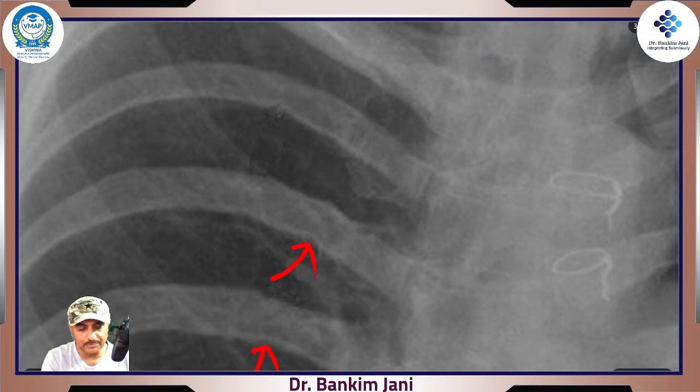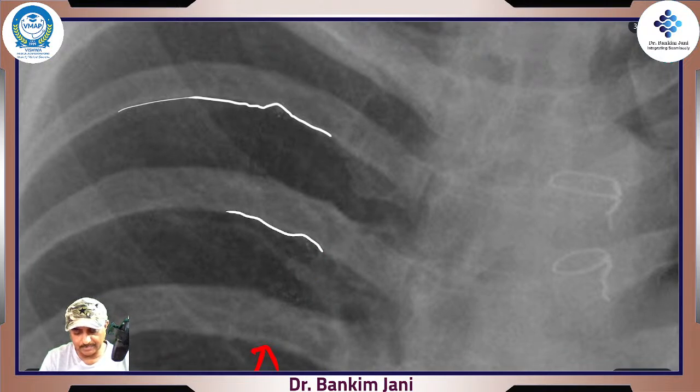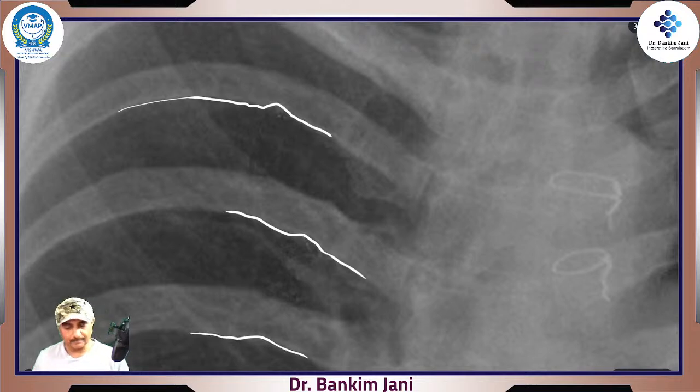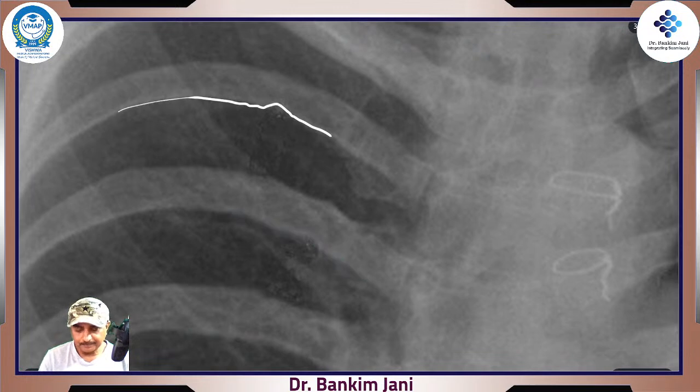As you draw, you find as if something has broken. Same way over here, as you draw, something is broken. Here it is a bit difficult to appreciate, but still it is seen. That's inferior rib notching.